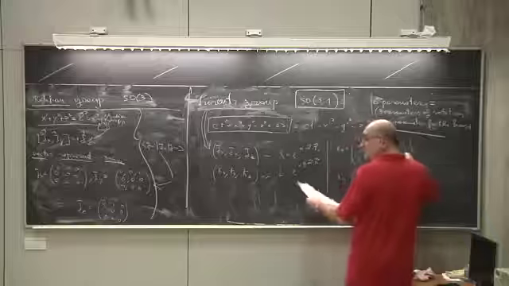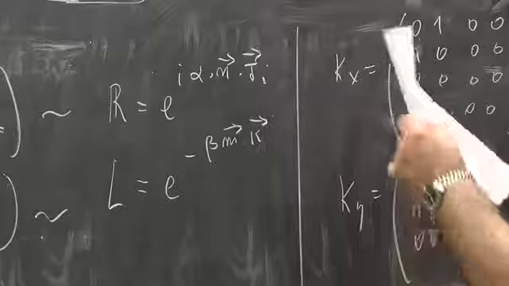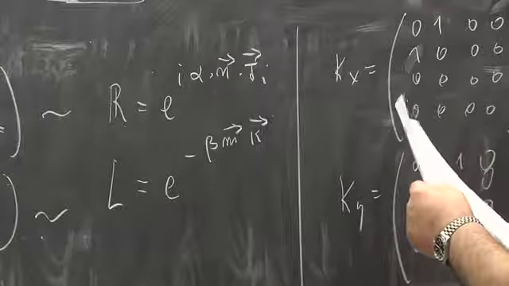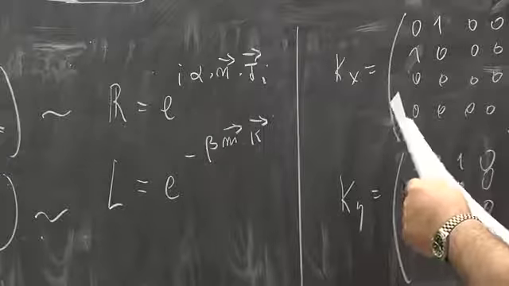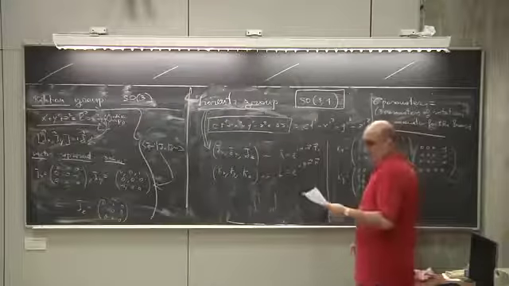And Kz, also this you don't have to copy. Also this is on the notes. 0, 0, 0, 1, 0, 0, 0, 0, 0, 0, 0, 0, 1, 0, 0, 0. Okay?